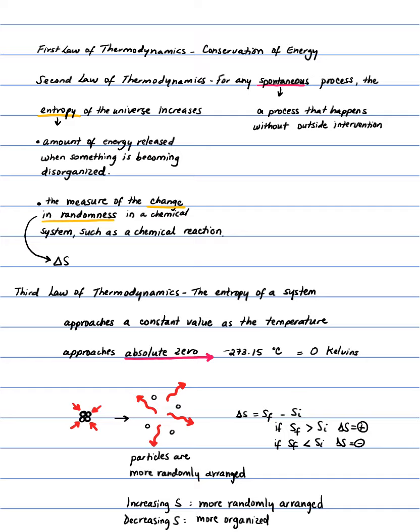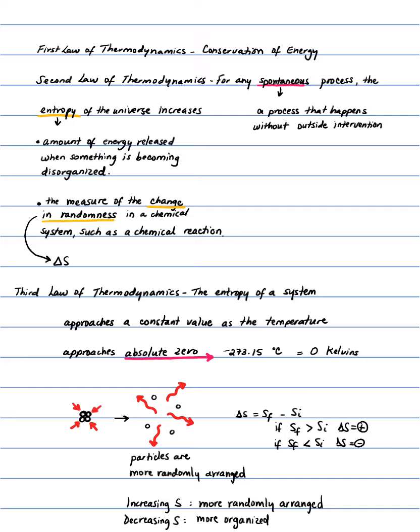But this amount of energy is being released or formed when something is becoming disorganized. When particles are arranged randomly, we have an amount of energy associated with that randomness, and that is the entropy. It's another state function, so we also look at the change in entropy.